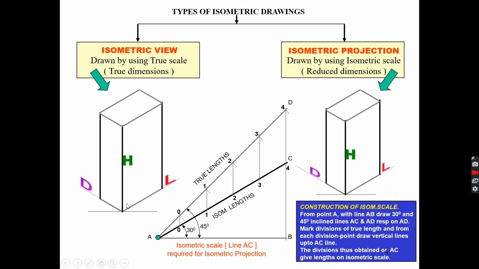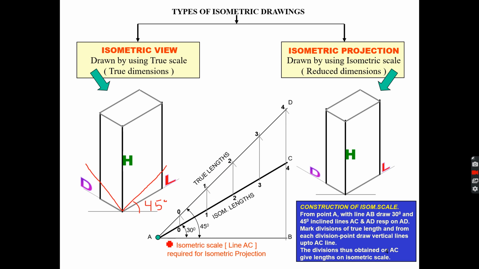So suppose I am making the true angle between the faces. I can draw a line like this and like this. So this angle will be 45-degree. Here I am drawing a line AD, which is at the angle of 45-degree.